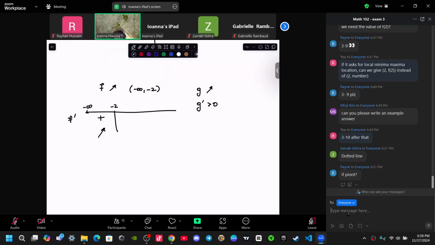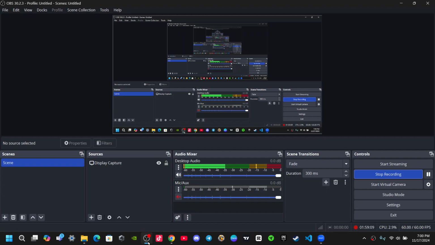That's what it means. Okay? So then, if somebody says f prime is decreasing, what derivative is negative?